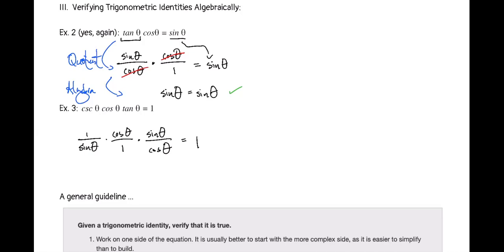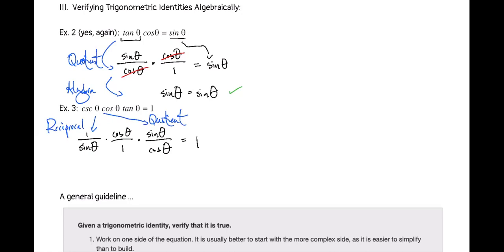Sometimes we need more than one identity in the same thing, but in this case, we used the quotient identity for this one, and we use the reciprocal for the 1 over sine.